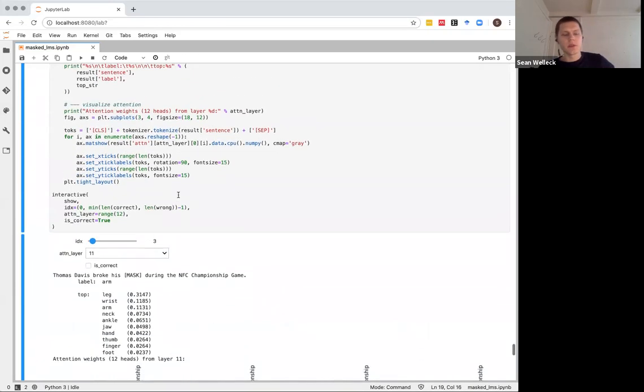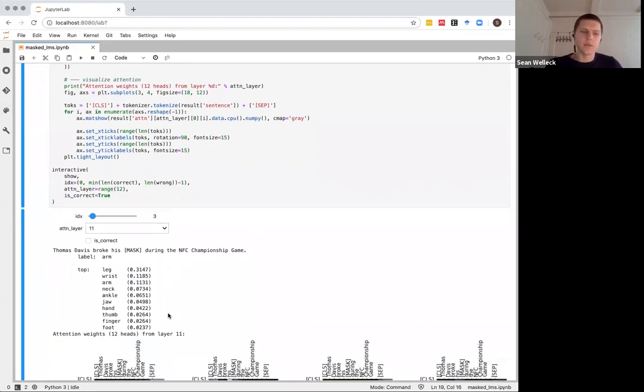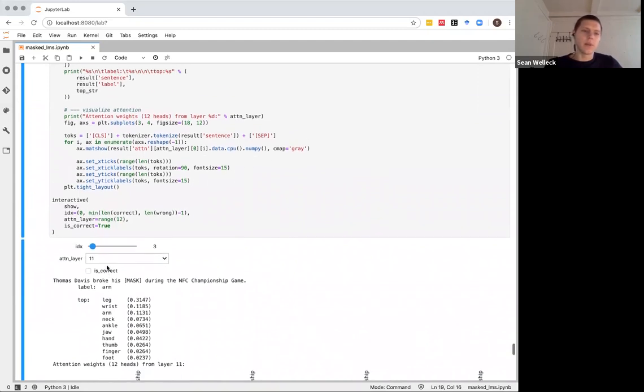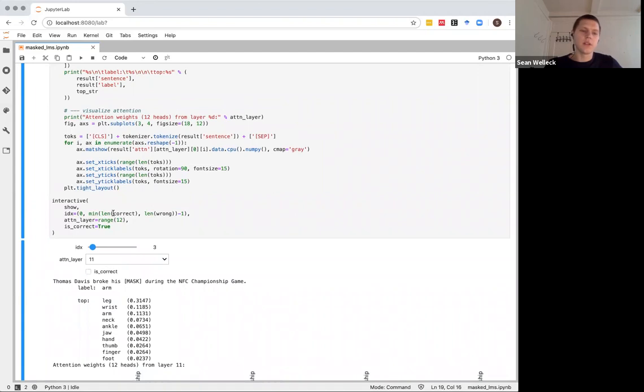Okay, and I just want to say here, and I think there's a question about it, the purpose of this task was to see what the masked language modeling process resulted in.